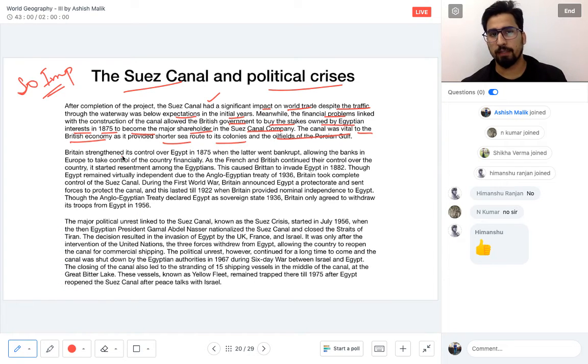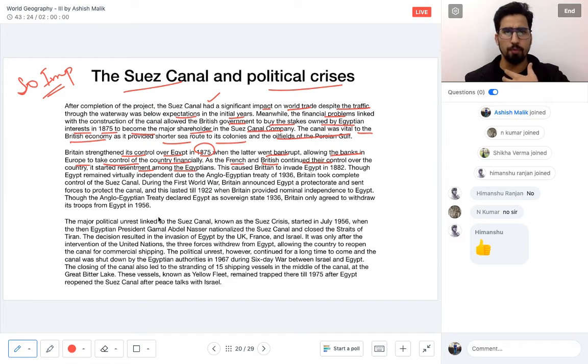Now, the British strengthened their control over Egypt in 1875 when Egypt went bankrupt, allowing the banks in Europe to take control of the country financially. As the French and British continued their control, Egypt used to be ruled by the UK and France collectively, which started resentment among the Egyptians.